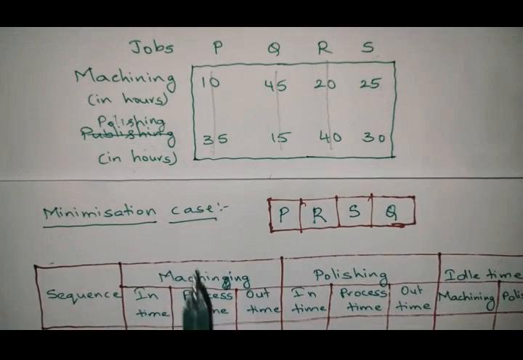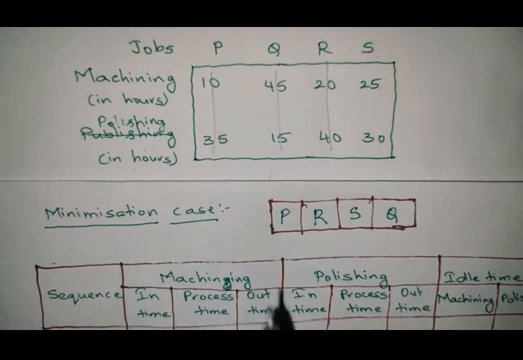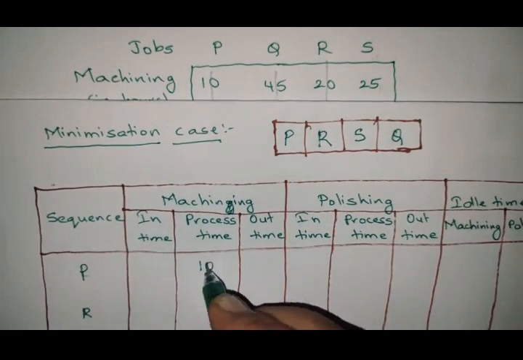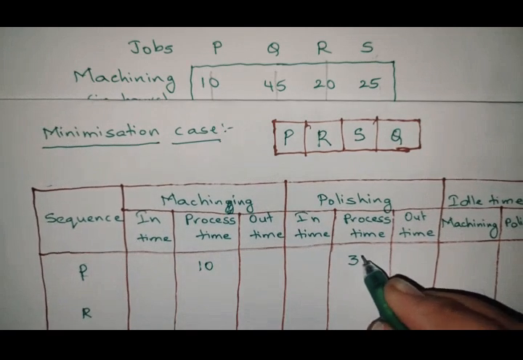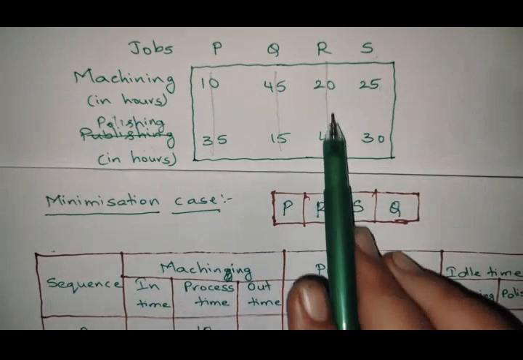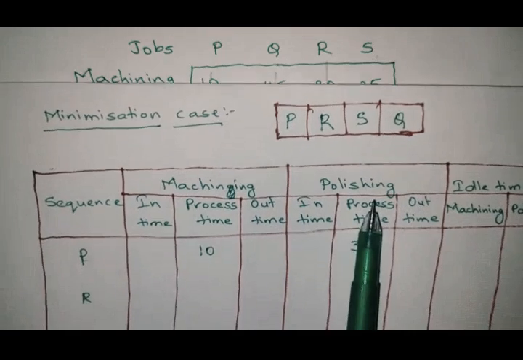So now let us write the process times. First for P, the process times are 10, 35. So write them 10, 35. And next for job R, the process times are 20, 40.